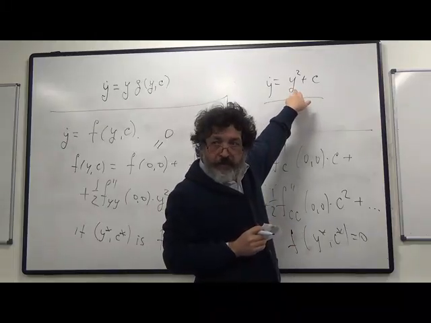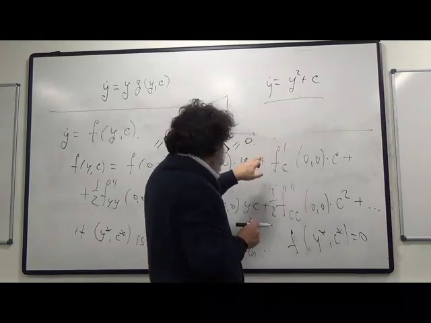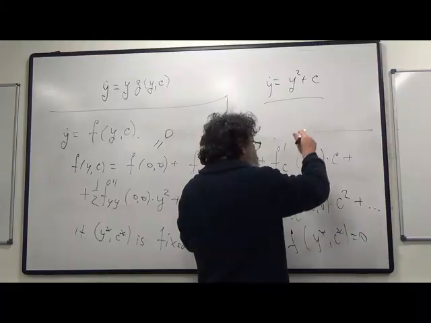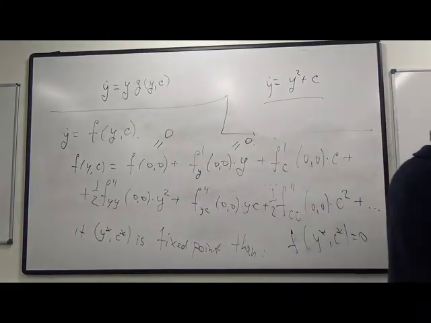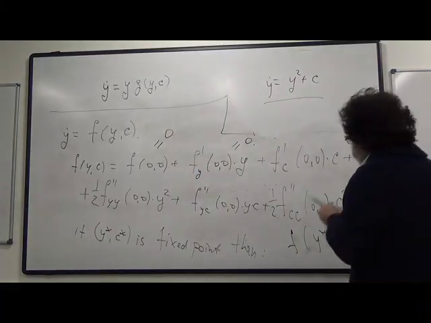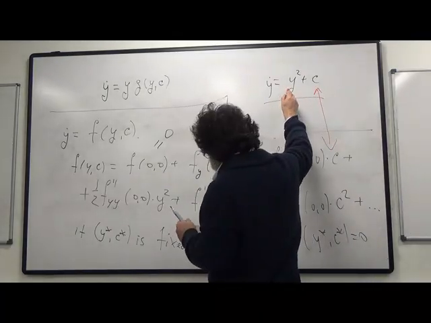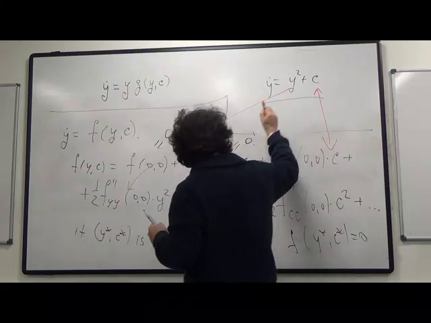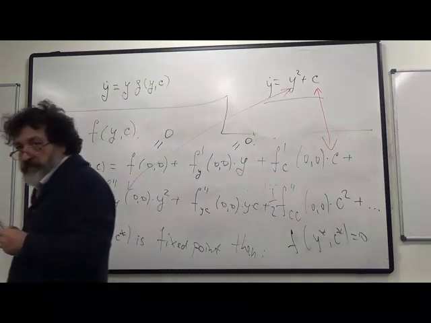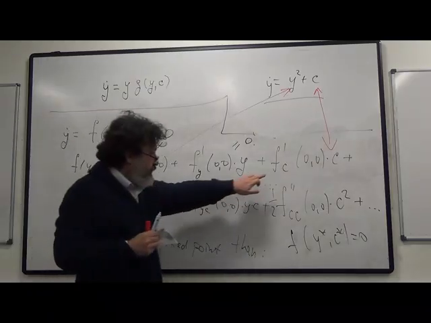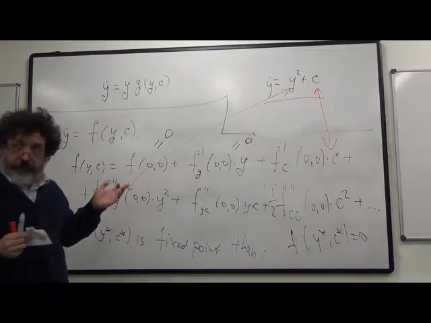Just remember this. And this means that this term should be non-zero. These terms, and this goes over there. You recognize it. So if these two terms are non-zero, we will have fold bifurcation.